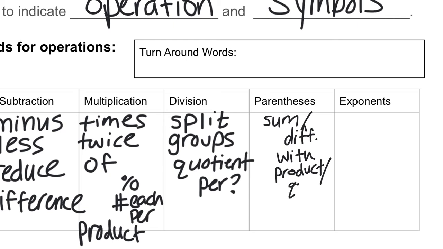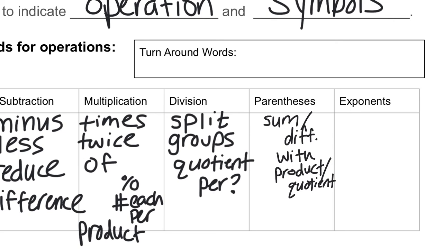Because if you use the word sum or difference before you use the word product or quotient, you're going to have to put that in parentheses to be able to do sum or difference before you do product or quotient. So things like that. That's not real common, but it does happen.